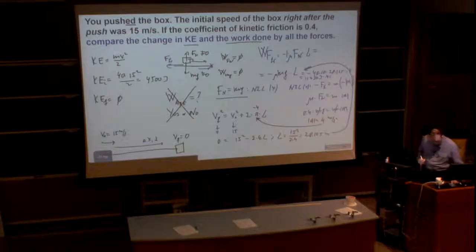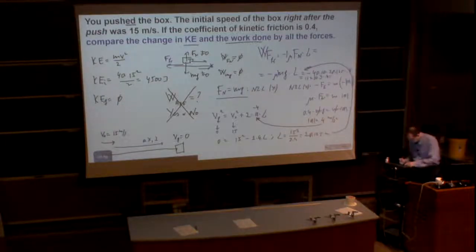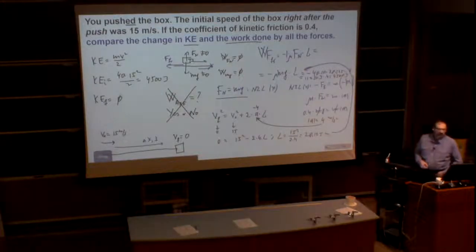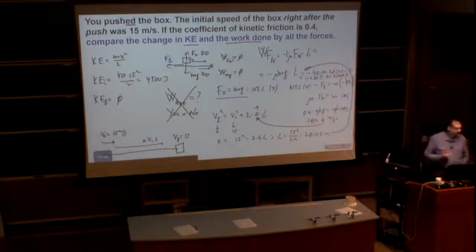So I have to do 11,250 times 0.4. And the final result is 4,500 joules. Of course, I knew what I wanted to get because I knew what we want to prove.